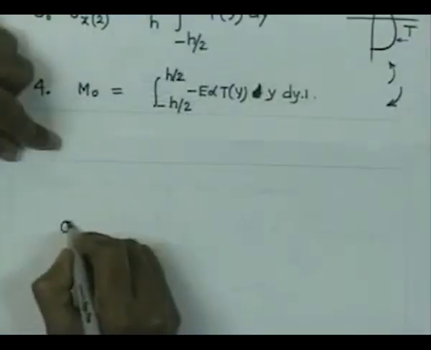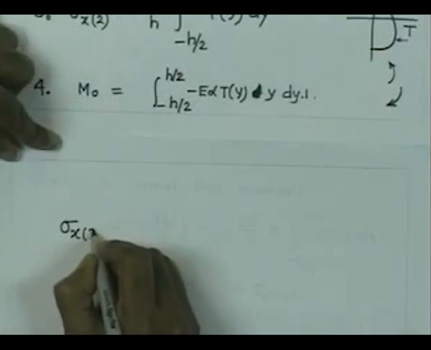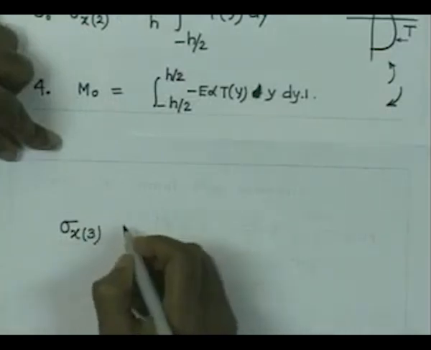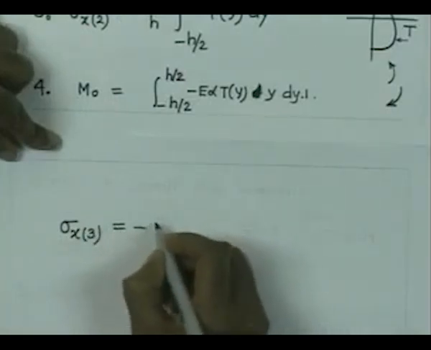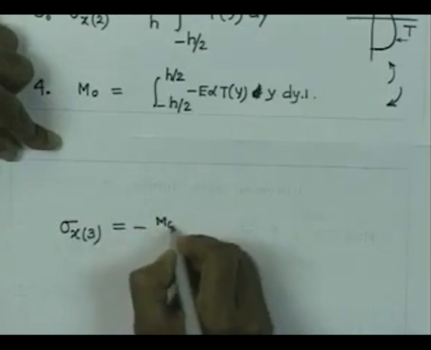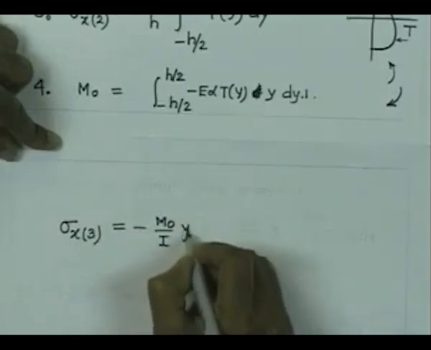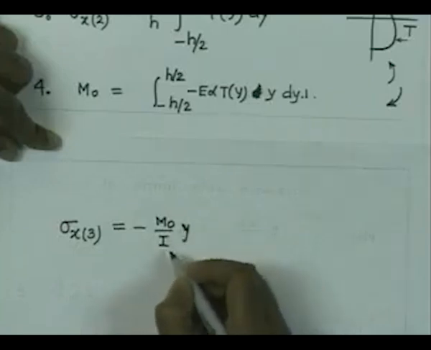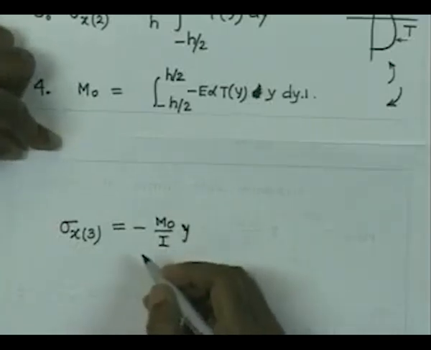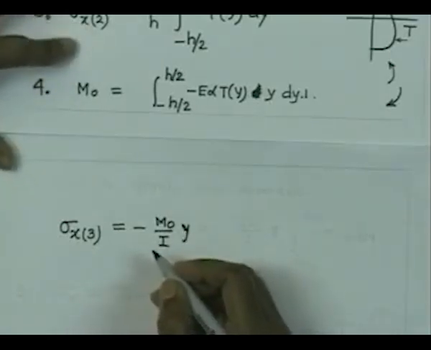The stress produced because of this moment is sigma x3, and it must be equal to minus M0 by I into y, where I is the moment of inertia of the cross section. So, this is simply application of the bending formula.